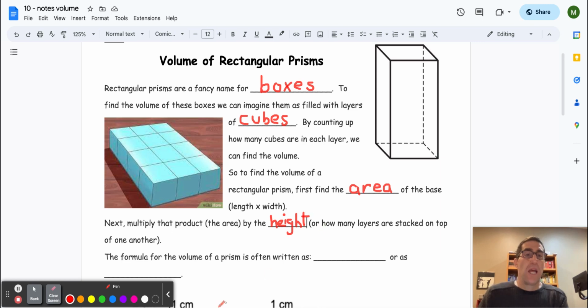Once I find the height, that's really saying how many layers I have stacked. So let's say I had, like this example, a 3 by 4, I have 12 fitting on the bottom. Well, each layer is another group of 12, so I can multiply.